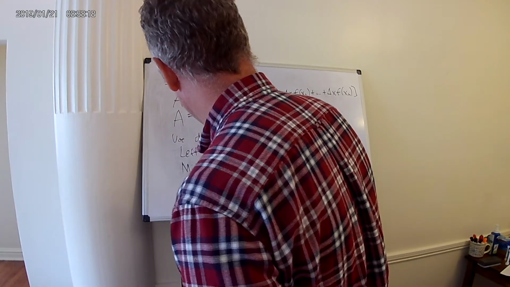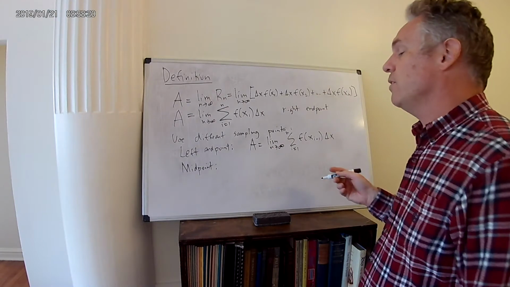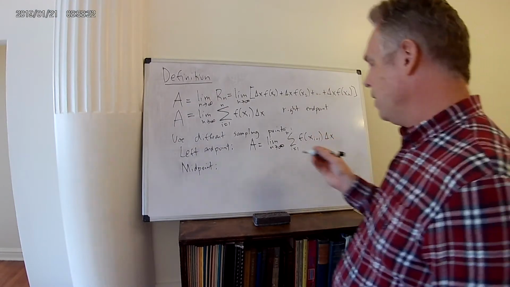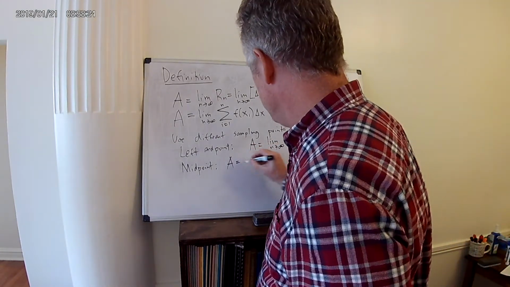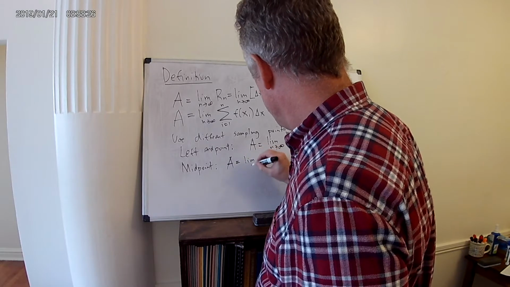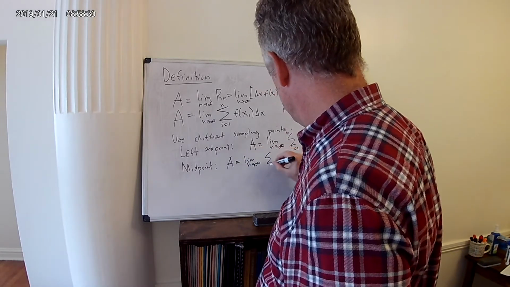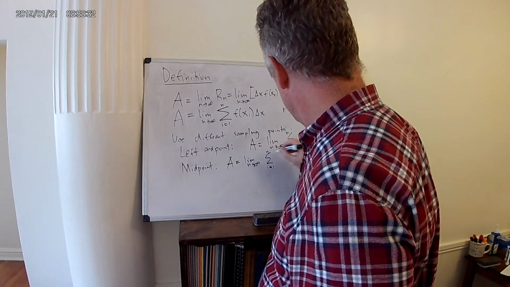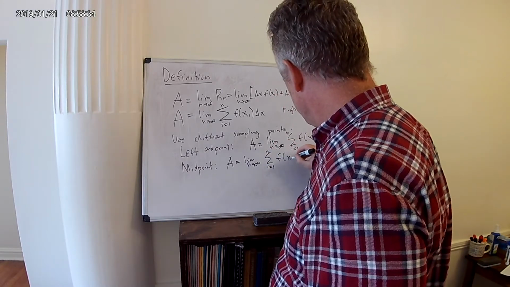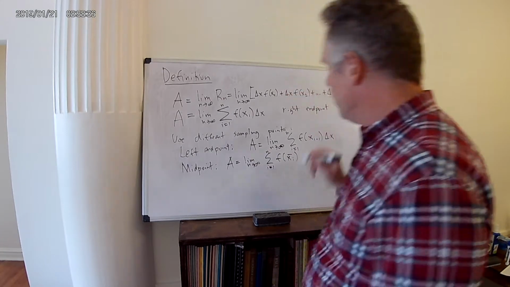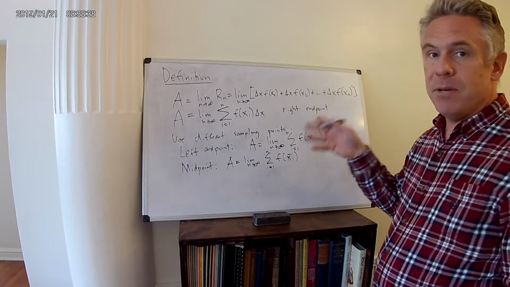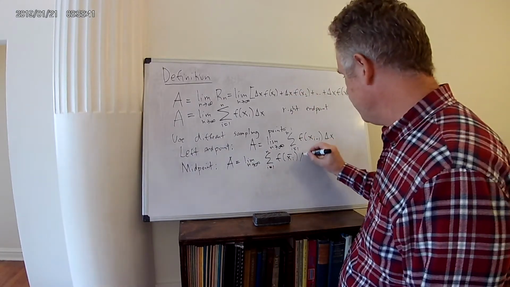You might say to yourself, well, I would like to evaluate the height of my rectangle at the midpoint of each interval. In that case, what you could do is do this. And we're going to do it like this, i equals 1 to n. And now we're going to evaluate the height of our rectangles at the midpoint of each interval times delta x.